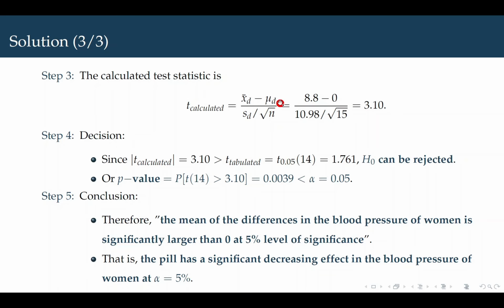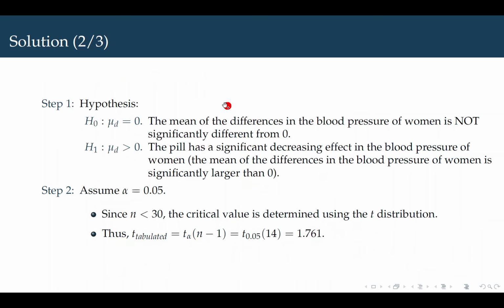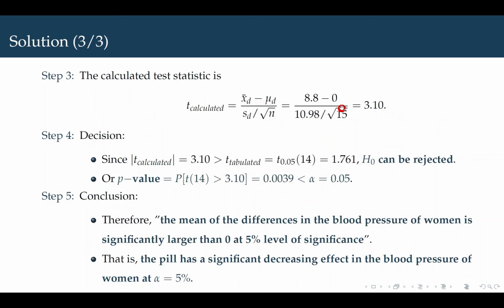Mu d under the null hypothesis is actually 0, and the standard deviation of the differences we already obtained as 10.98 over root of 15. Then this becomes 3.10.